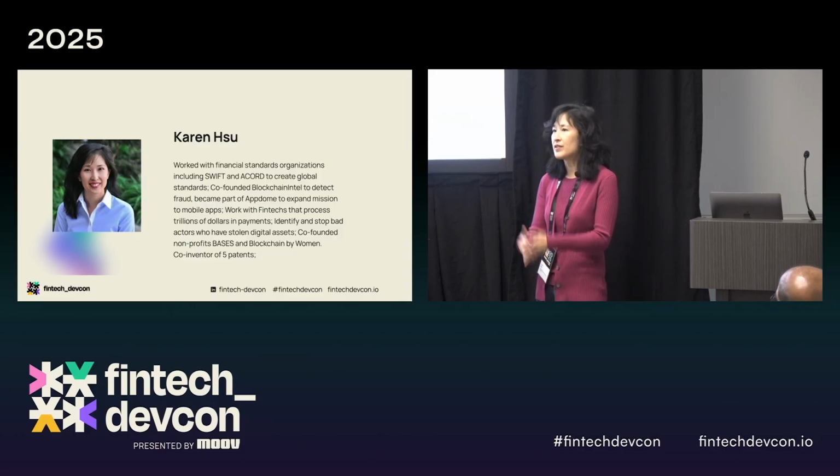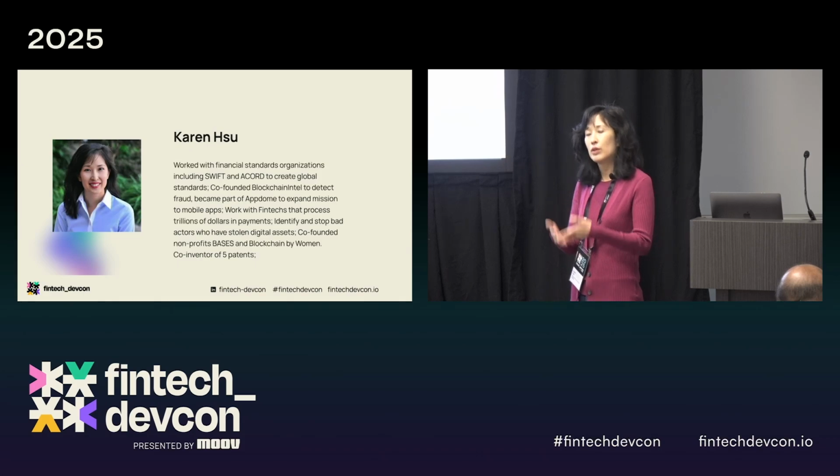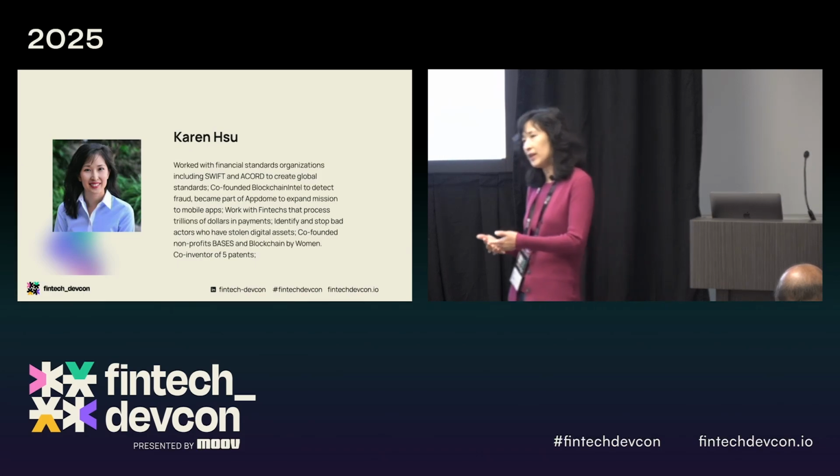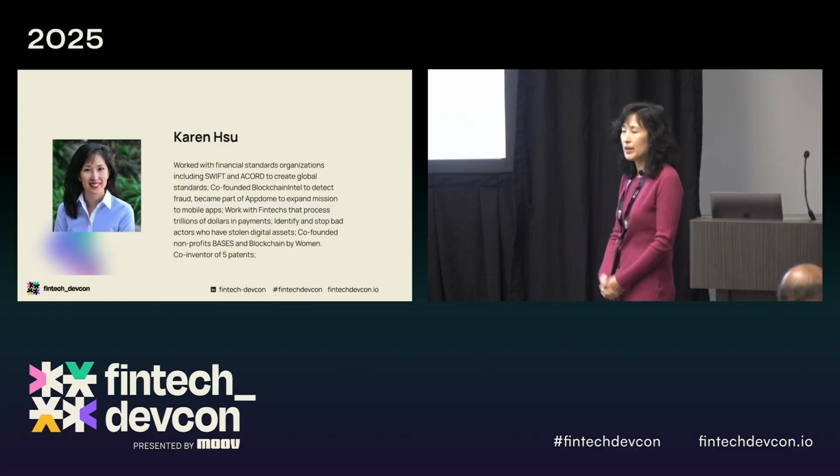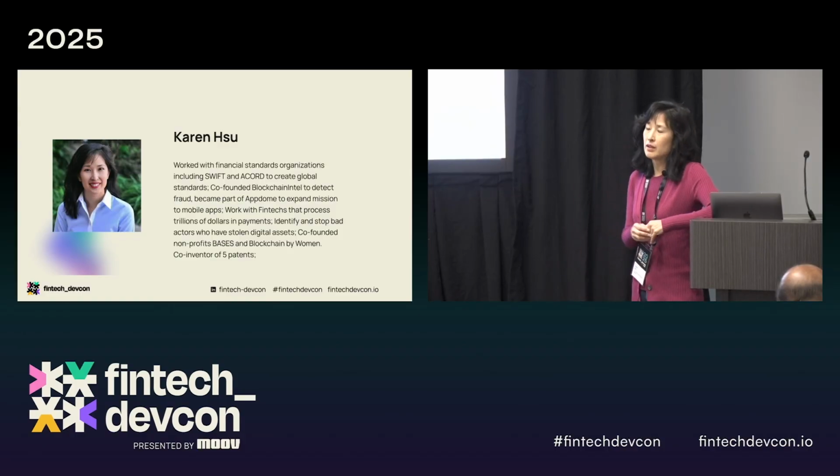On the side, I've kept up my nonprofit, Blockchain by Women, which provides consulting services to victims of fraud in the crypto space. I have seen firsthand, unfortunately, the continued scams in that area, but I help them write reports and work with the FBI and other law enforcement to get their money back.